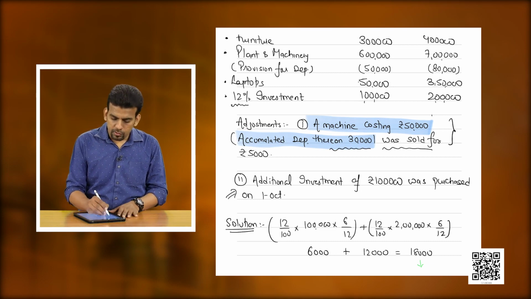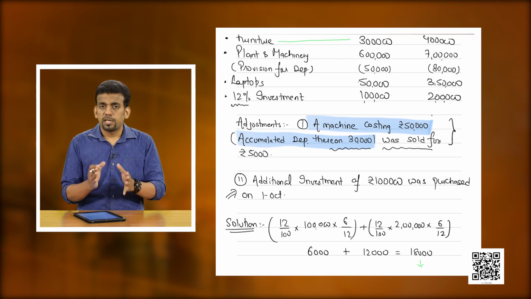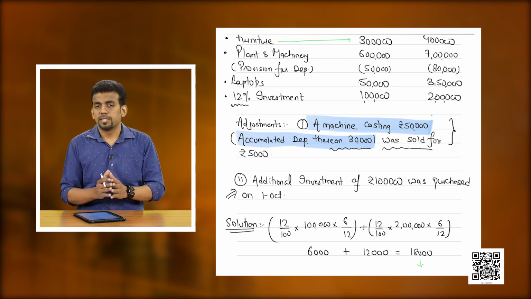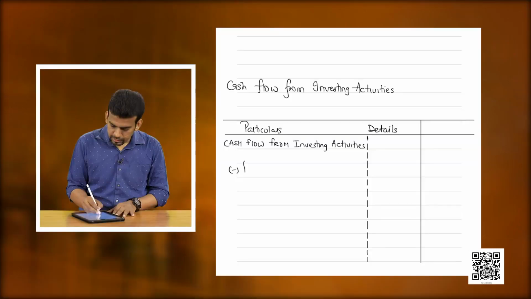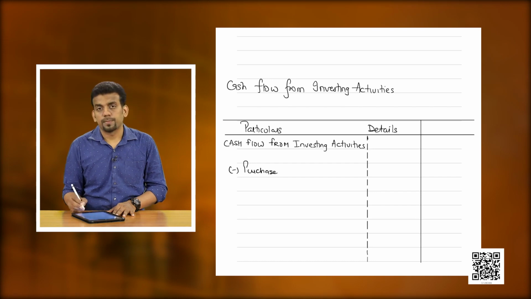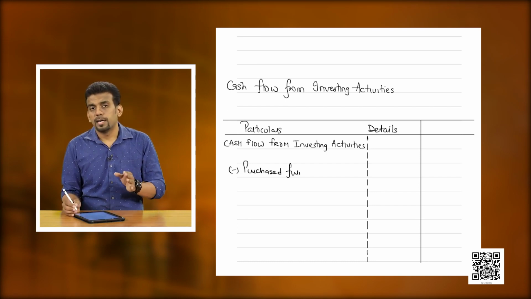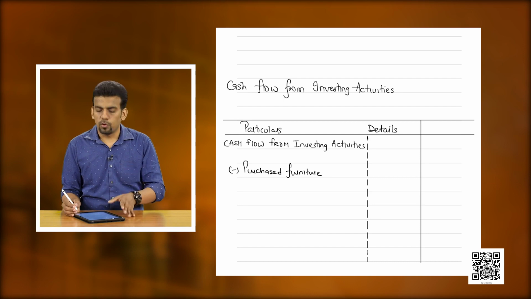The first thing was furniture, which has increased from 3 lakh to 4 lakh. This means 1 lakh rupees furniture is purchased. The first thing which would appear in the format is purchase of furniture, and it would be deducted since it is an outflow.